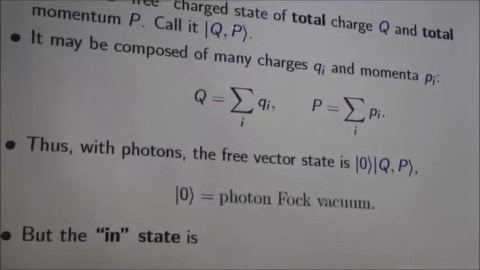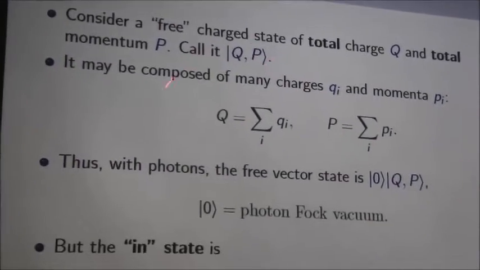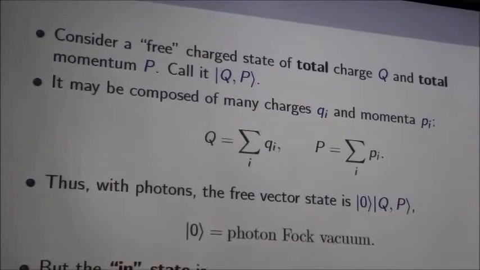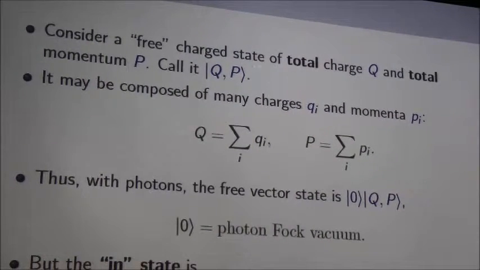So the next thing I want to tell you is what happens if I have a charged state, as I started at the beginning. I'm only interested in infrared radiation. So take a free charged state of total charge Q and total momentum P and call it this one. Okay? This may be composed of many constituents, that is not relevant at this moment. And I take the photon vacuum.